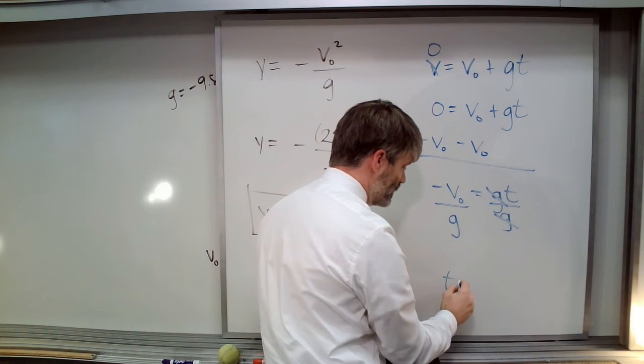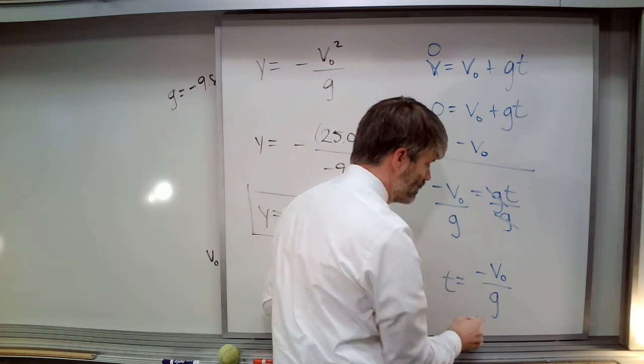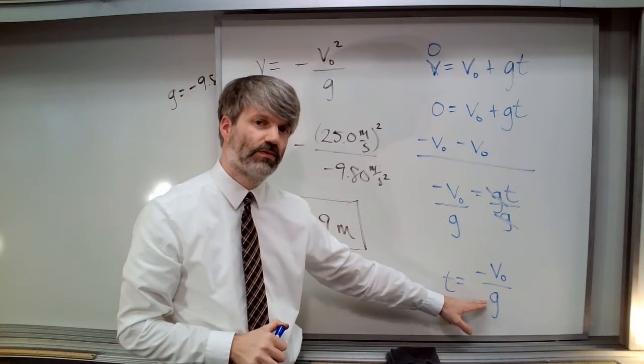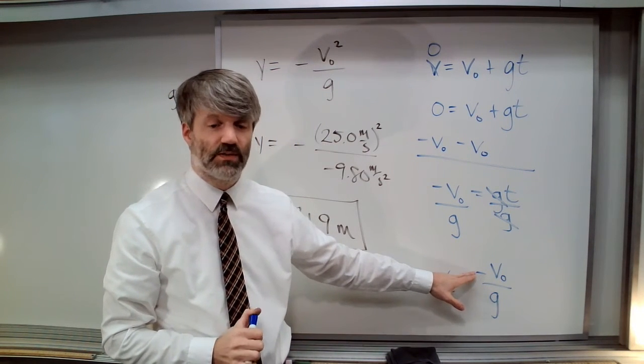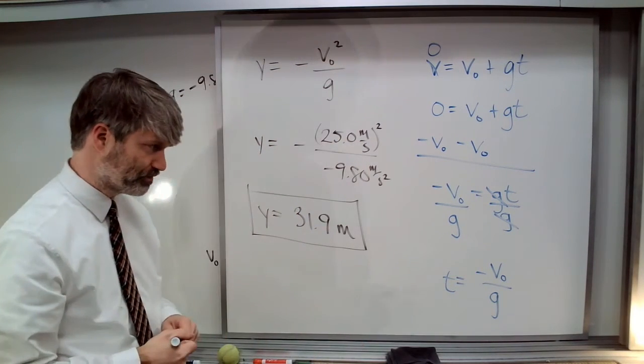We end up with t is equal to negative v naught over g. Again, the negative value for the acceleration due to gravity is going to make this a positive value in the end, which is what we should expect for a time, right?